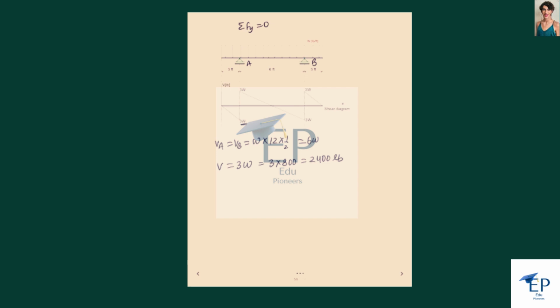Now to obtain Q, we will calculate the area of the bottom portion of the member's cross section below the plane where we have measured T, and the distance from the neutral axis to the centroid of A dash.